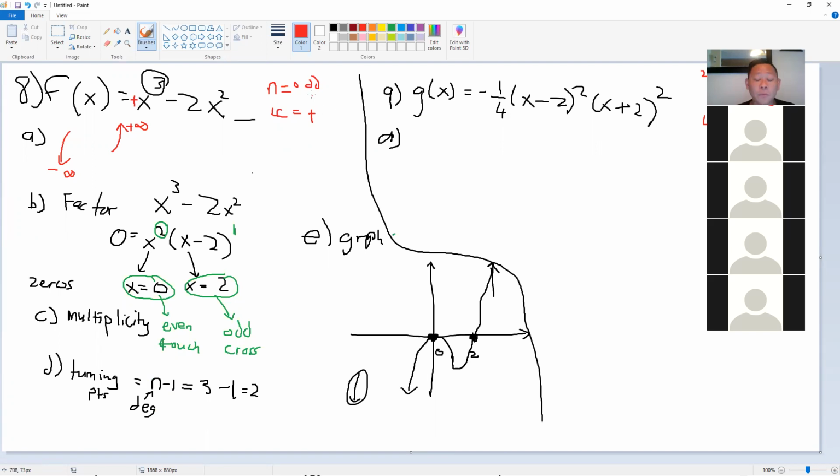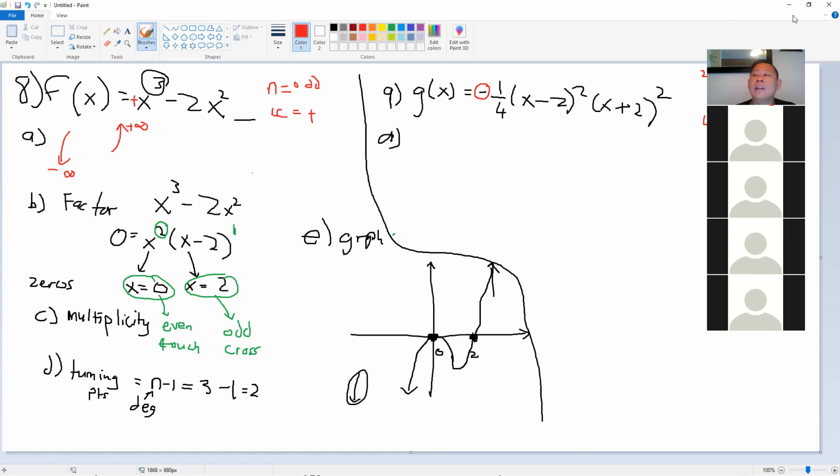Negative, because of negative 1/4. You're correct. So in order for us to figure out the leading coefficient, you just look at the front. If that's a negative, it's negative. If it's a positive, it's positive.